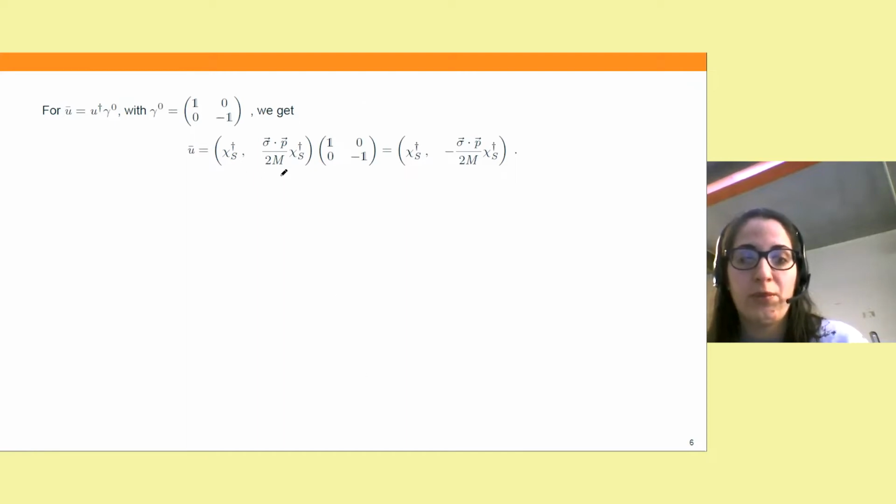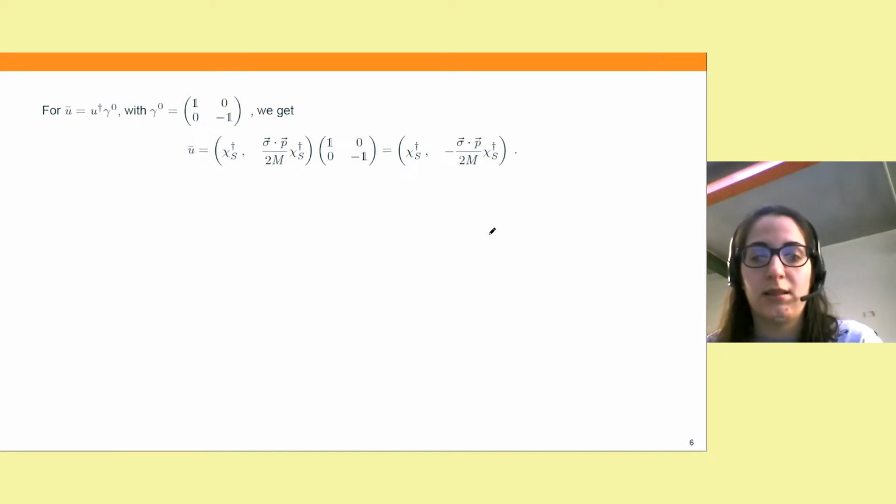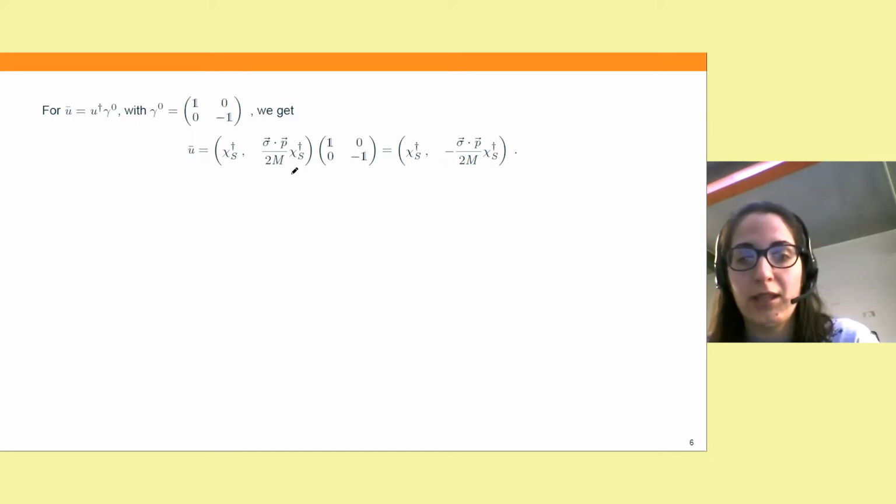So instead of a column, now we have a row vector, okay? And we multiply it with the γ^0. So what do we get? This γ^0 simply changes the sign of the second term.